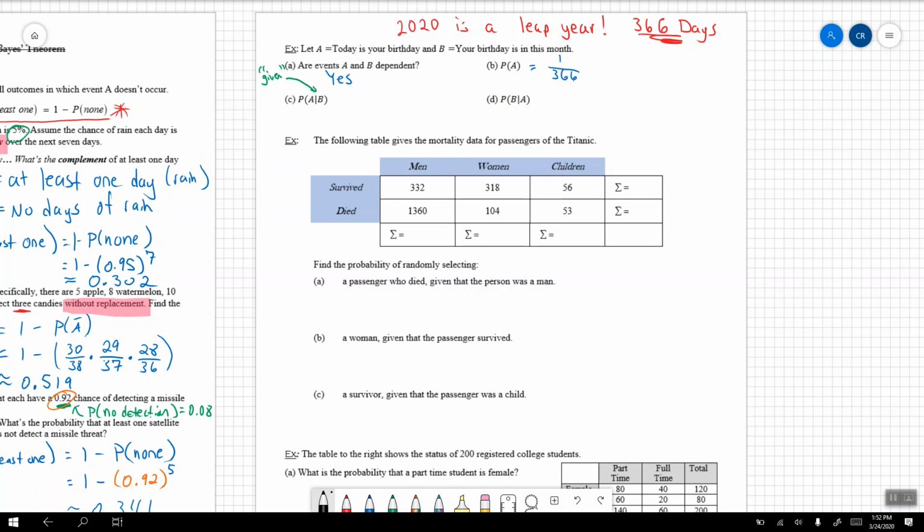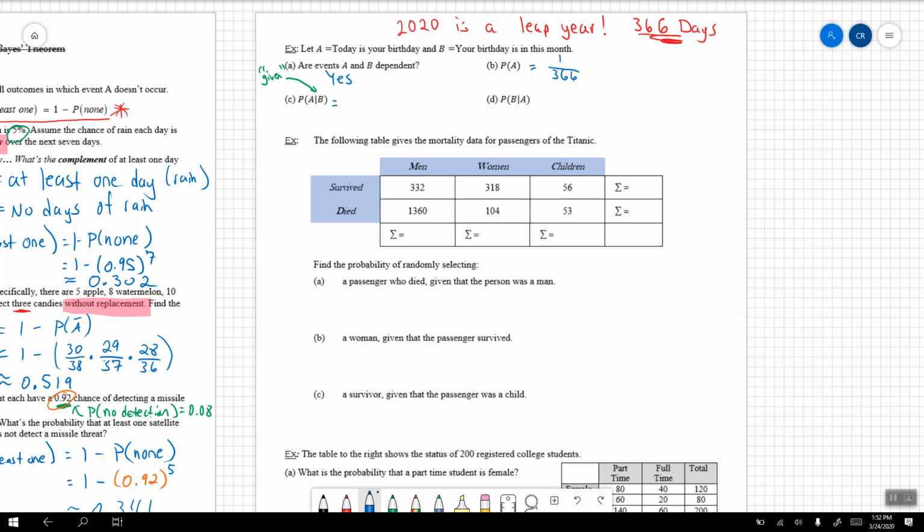All right, well, let's start looking at that. So, how many days are in this month? Well, this month is March. I believe March has 31 days. Would you agree with me that if your birthday is happening this month, it's only 1 out of 31?